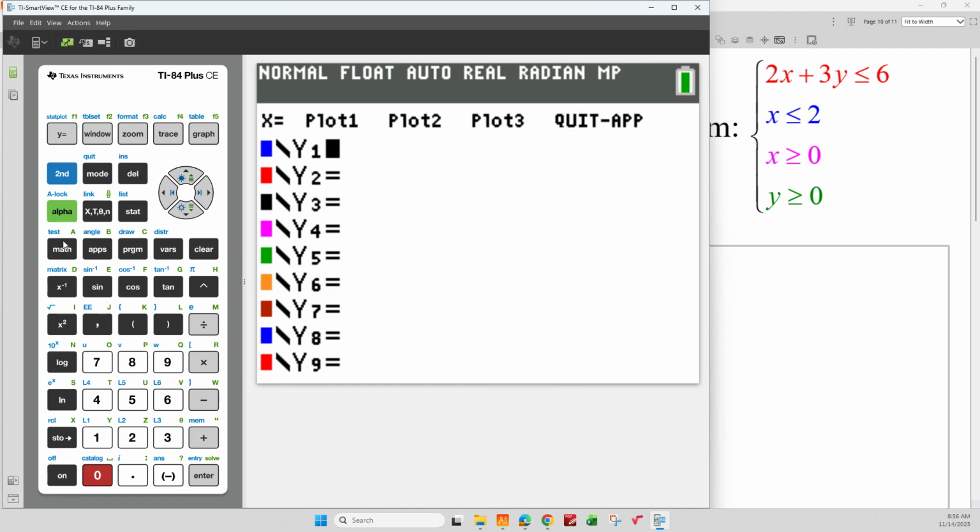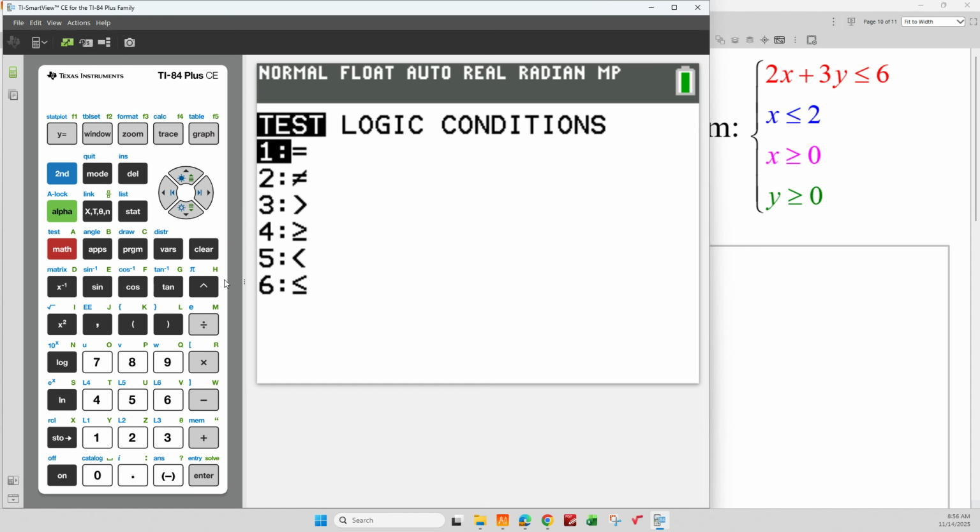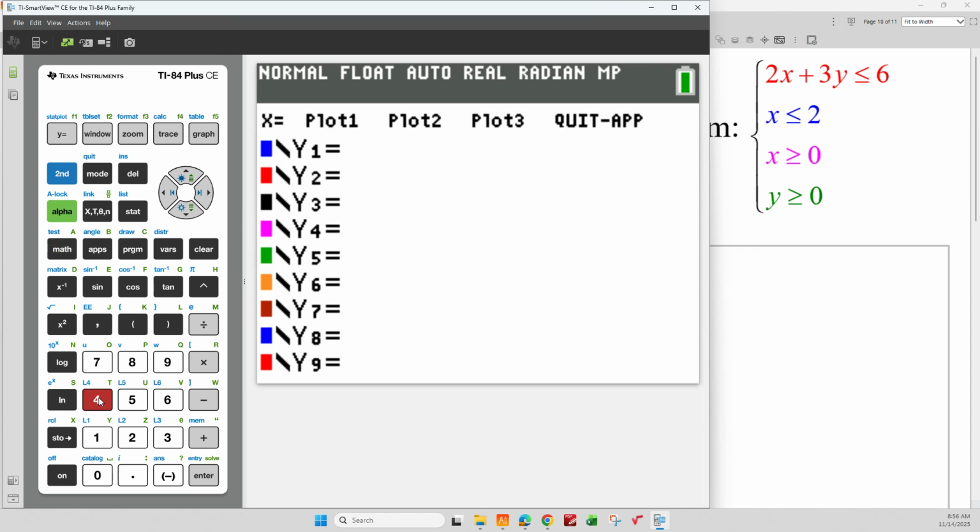Oops, what happened? Four. Are you guys figuring this out? I can't remember how to do this. How come that didn't change that? Have you guys figured out how to change that to an inequality yet? Maybe it was over here.